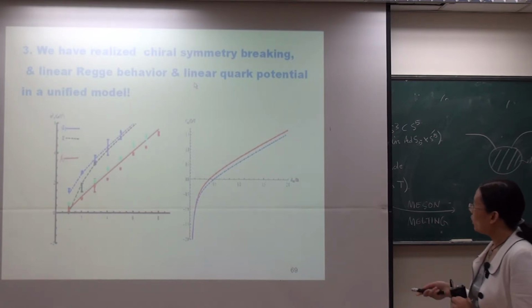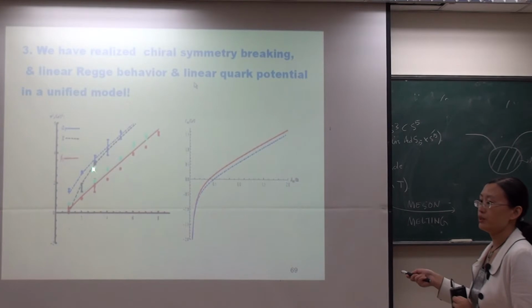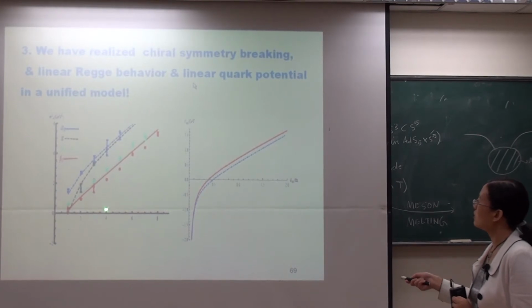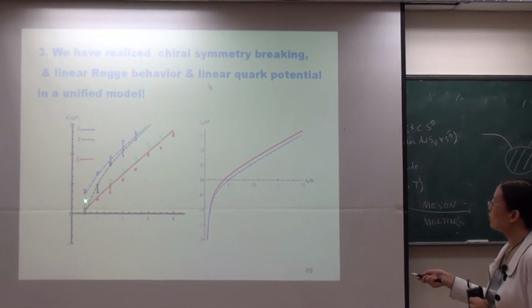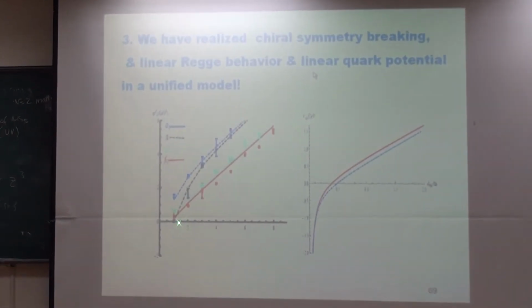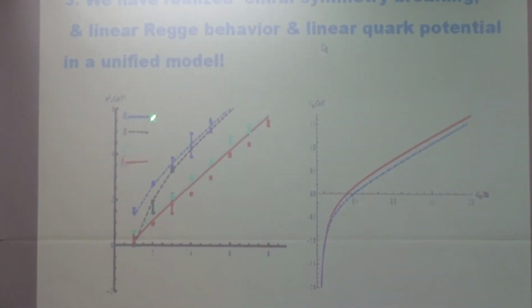I mean, of course we fit several parameters. For example, M pi and rho meson, and I think another one might be chiral condensate. And all these are kind of our output, right? We took several data from the ground state, but all these are predictions.